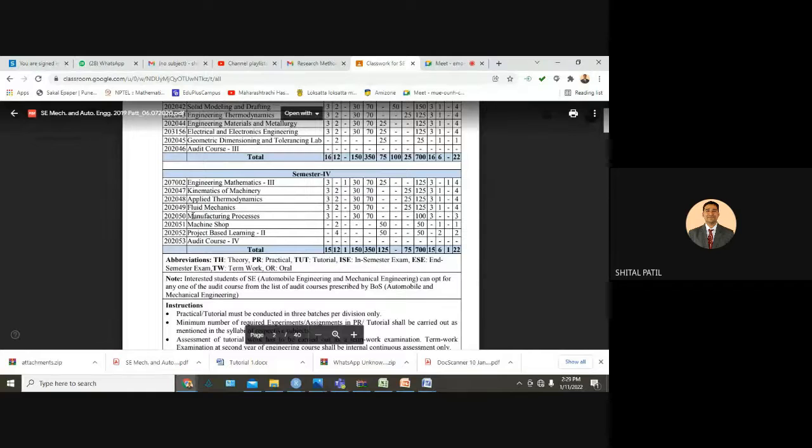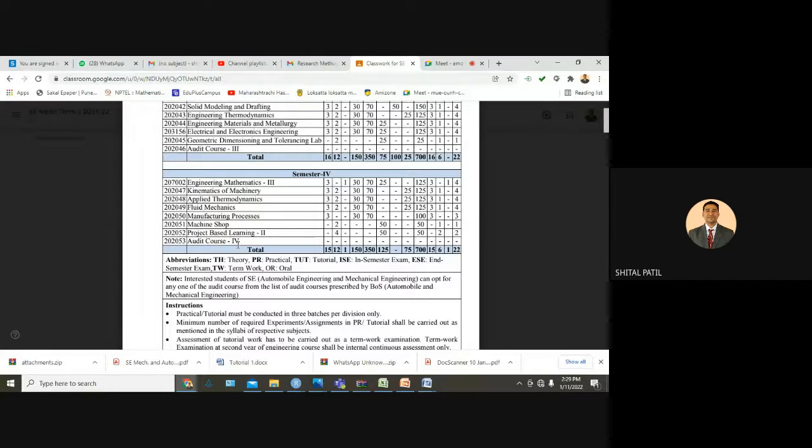Term work marks, those who want to write, they can write. 3 criteria are there. First, attendance. It is better if you write it. Second, internal assessment, that is unit test and prelim marks. 7 marks for attendance, 8 marks for this internal examination, and 10 marks for tutorial submission and oral viva.